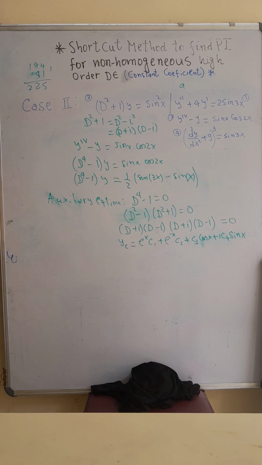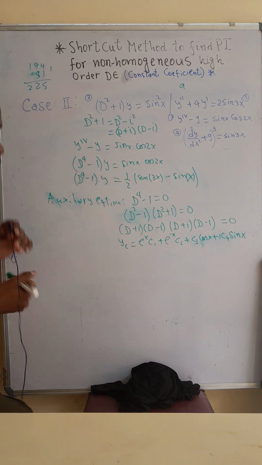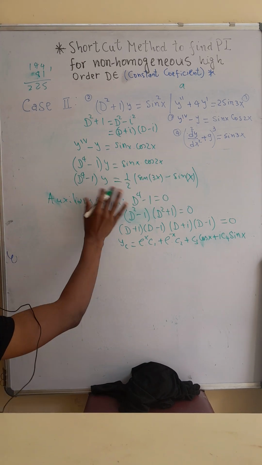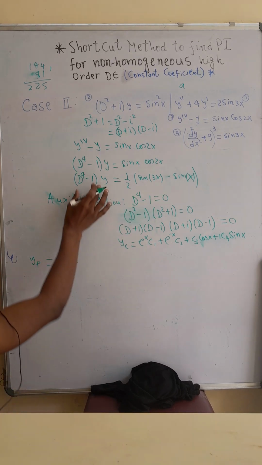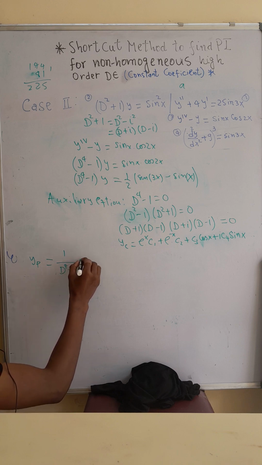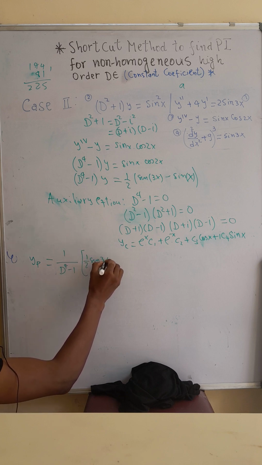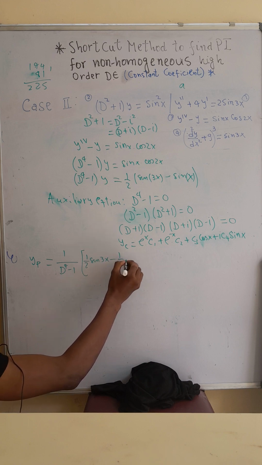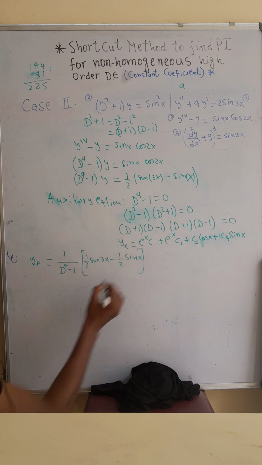Now how to find yp? That's the question. See, here we have this one and this one. To find yp, let's go for this one. yp will be 1 upon the d expression, d raised to 4 minus 1, times 1 by 2 sine of 3x minus 1 by 2 sine of x.